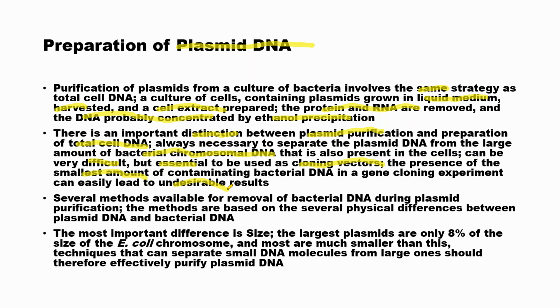If our preparation has even a minute level of chromosomal DNA contamination, then our gene cloning experiment will be a failure. So we have to adopt a method by which we go for plasmid DNA isolation and purification as well as concentration without any chromosomal DNA contamination.